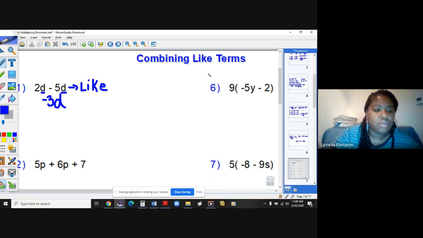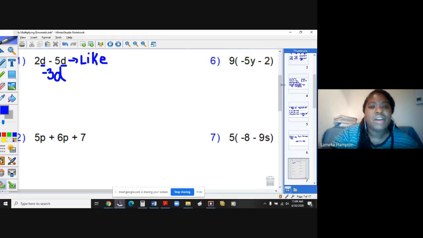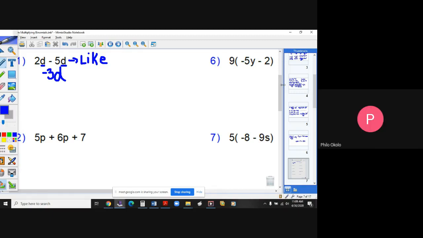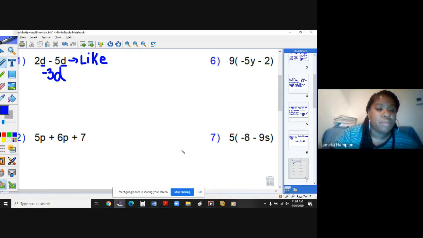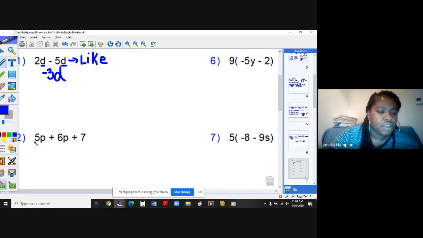Now I'm going to scroll down to number 2. Again, you have to ask yourself, do you see any like terms in number 2? Yes. Where are they? 5p plus 6p. Yes, these are my like terms.